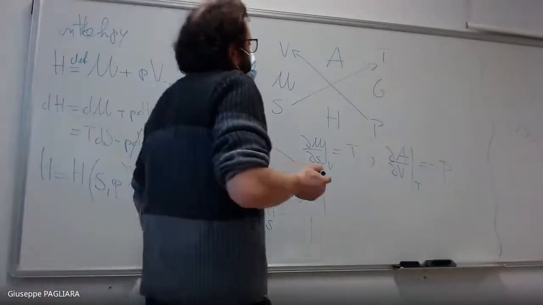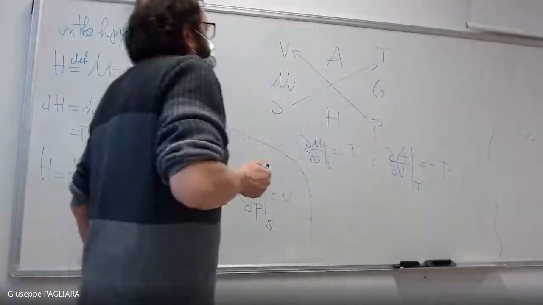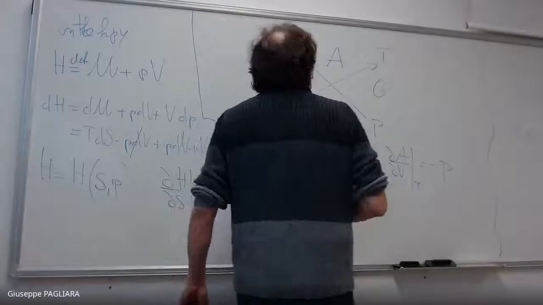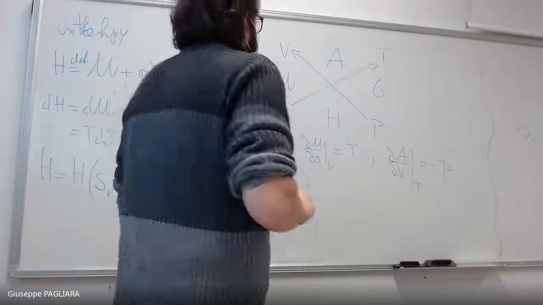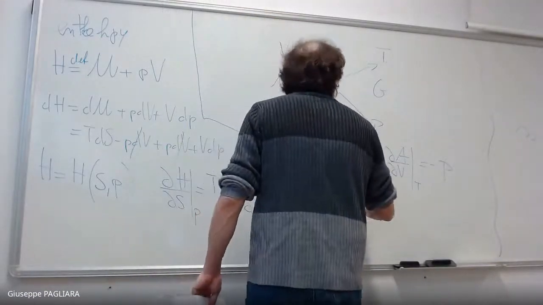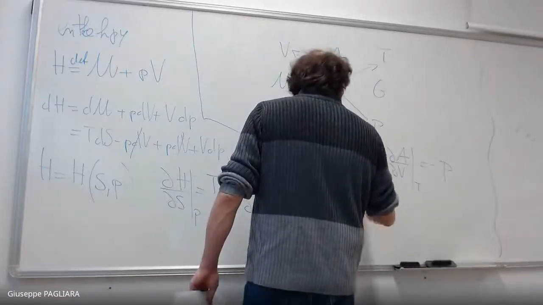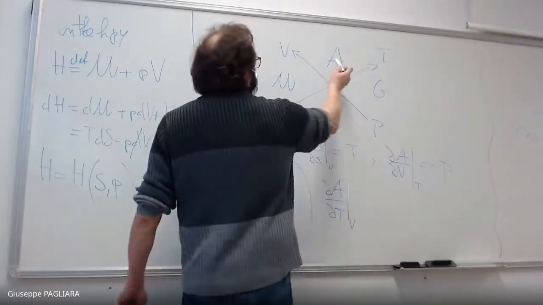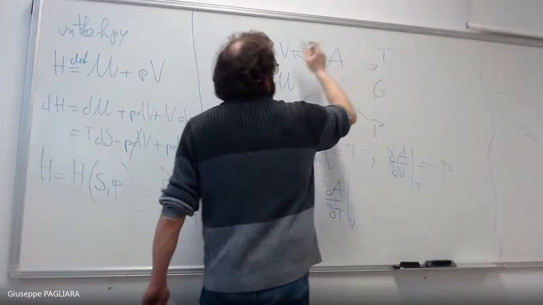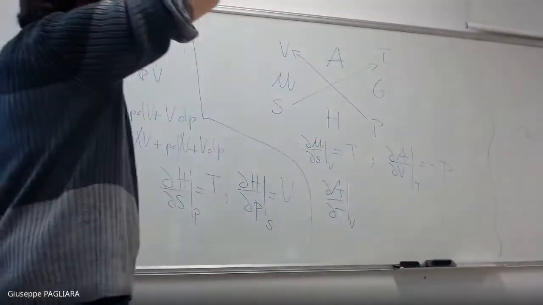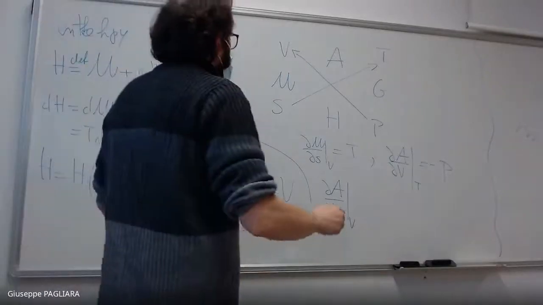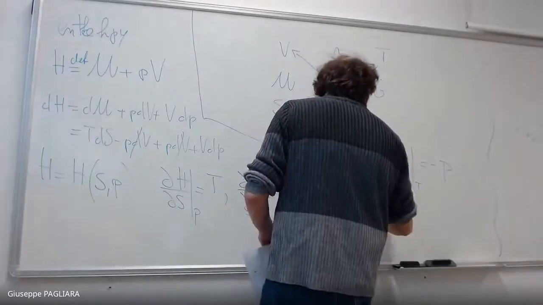And okay, you can work out all the other relations. So if I take the derivative of A with respect to temperature at fixed volume, I have minus entropy.